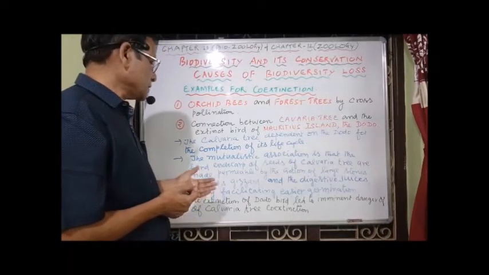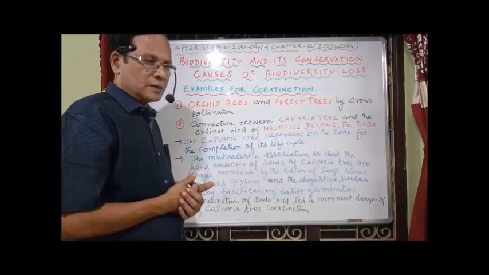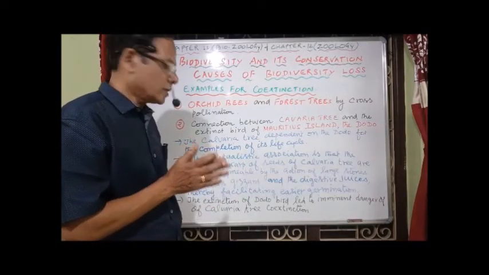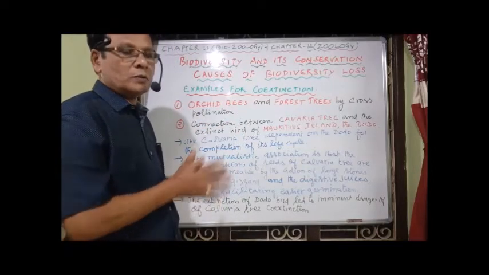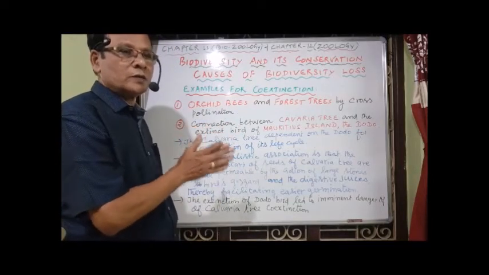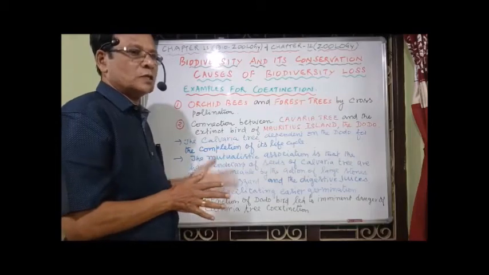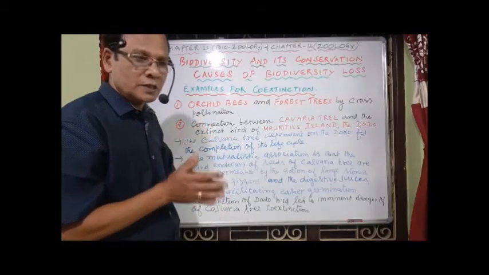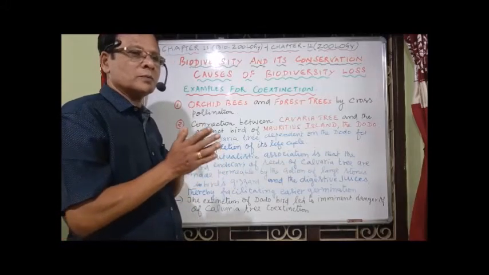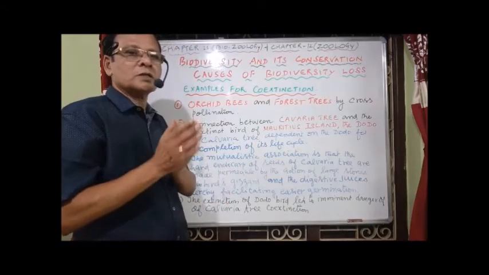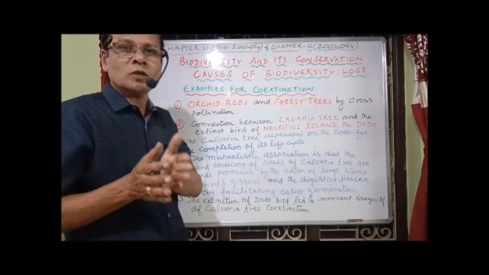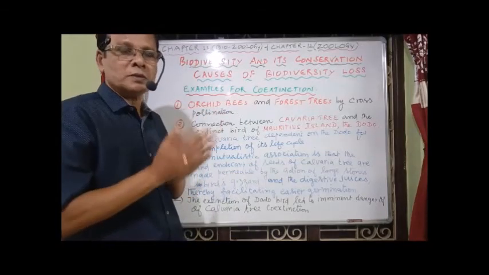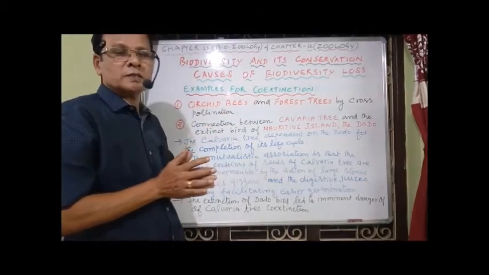Suppose the extinction of the dodo bird occurs, that leads to the imminent danger of co-extinction of the trees, the Calvaria tree. The hard endocarp of seeds is broken or made permeable by the large stones present in the grinding mill, the gizzard of the dodo bird, and also the digestive juices.